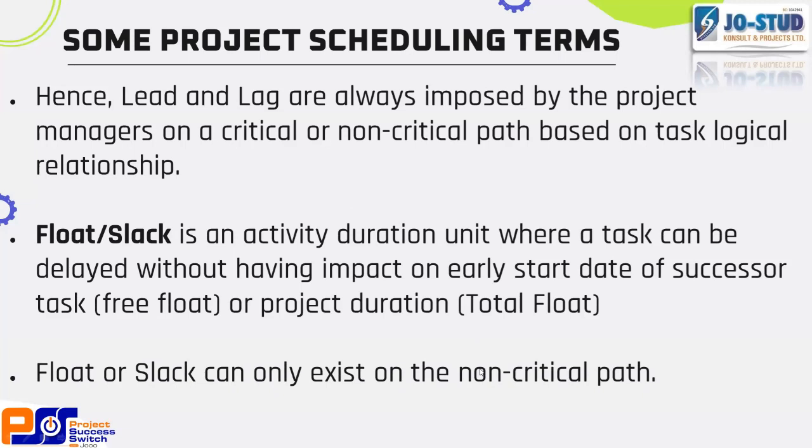So if you want to apply lead and lag, for example plus 2 days, or plus 1 day, or plus 3 days, you need to ask yourself first, what is the float of where I want to apply it? Float simply means that if I delay this activity by adding a +1 lag, will it affect the earliest start date, or will it affect my project duration?